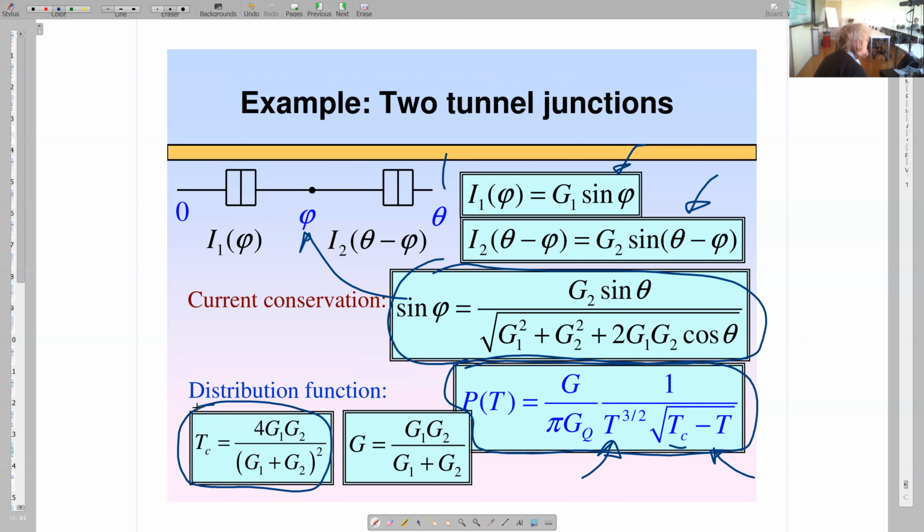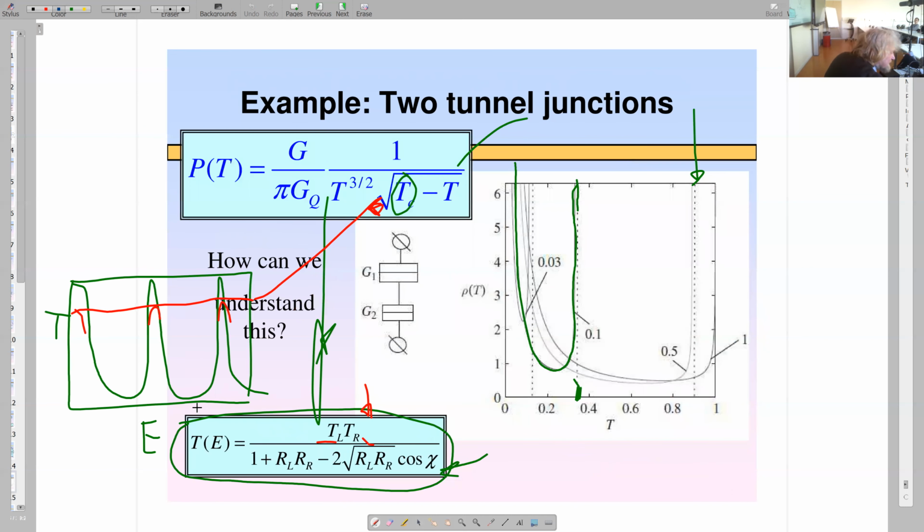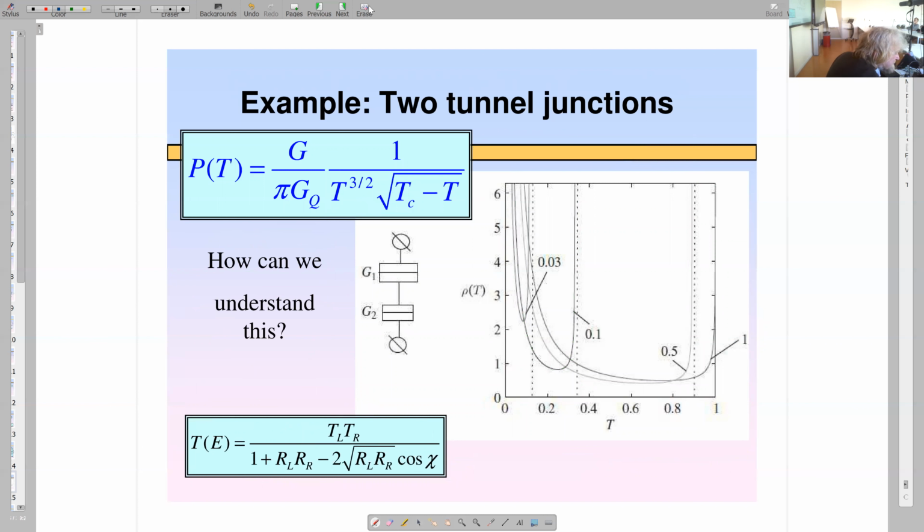Look, I better plot it. Here, there are several plots. For the symmetric situation, we have a transmission distribution which diverges at 0 and at 1, similar but distinct from the diffusive distribution.